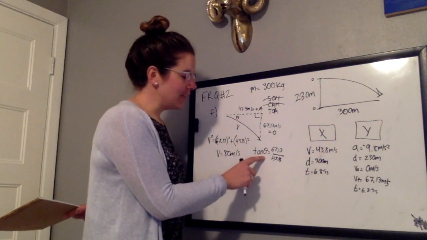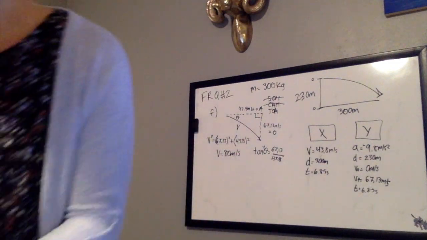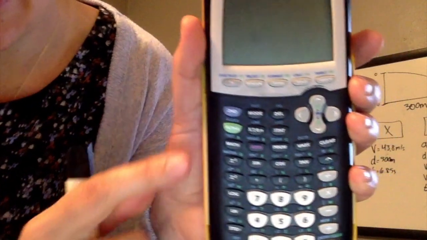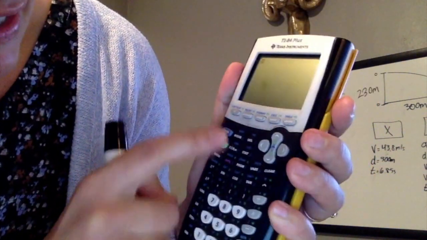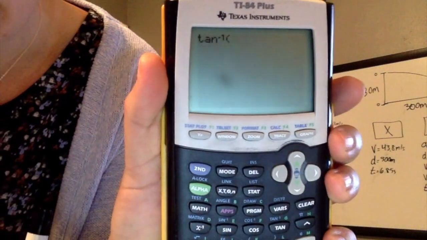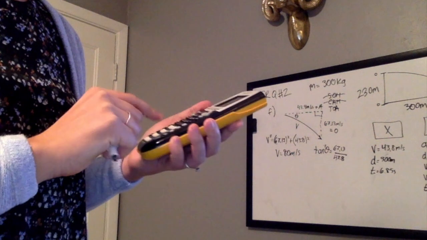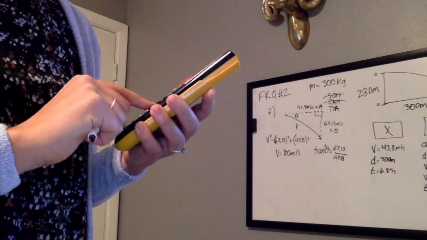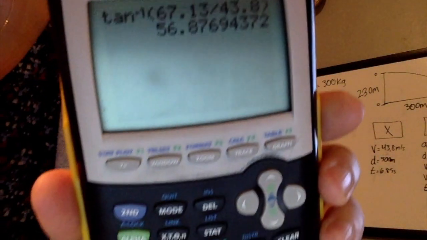So to find the angle in your calculator, you're going to use inverse tan. If you have your calculator like this, it is this button here. You need to write second tan, like so, is what it should look like. And then you put in 67.13. And this is the answer you should have gotten.